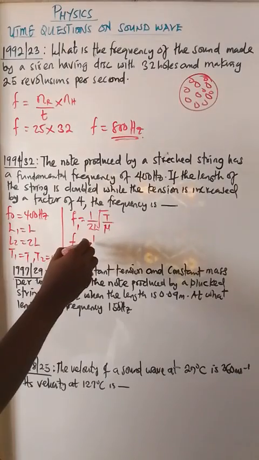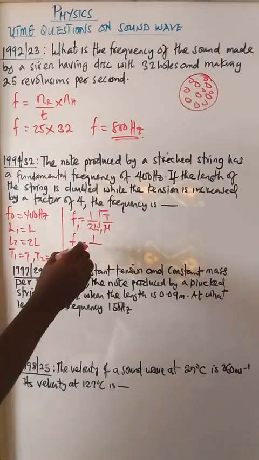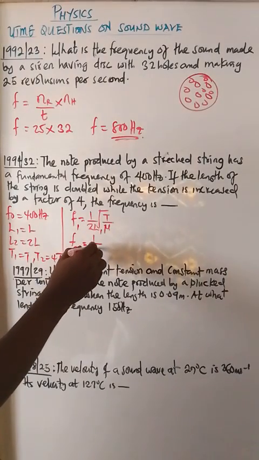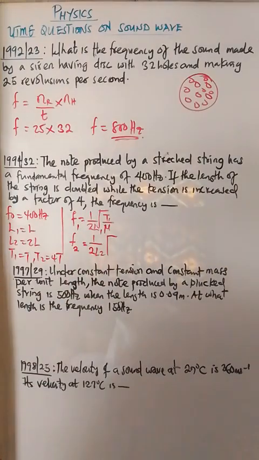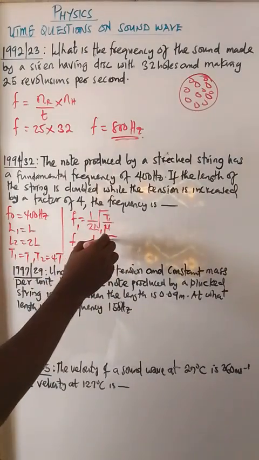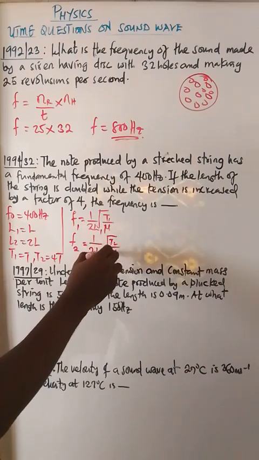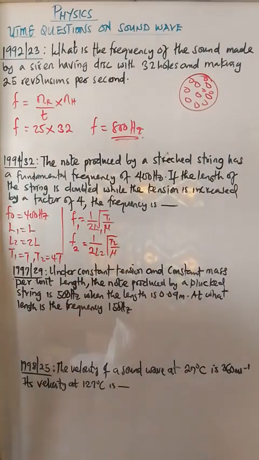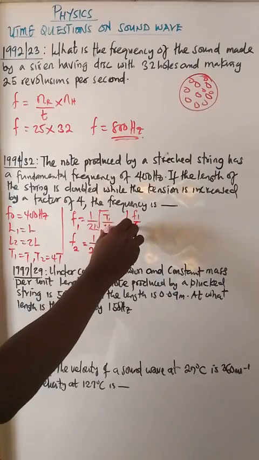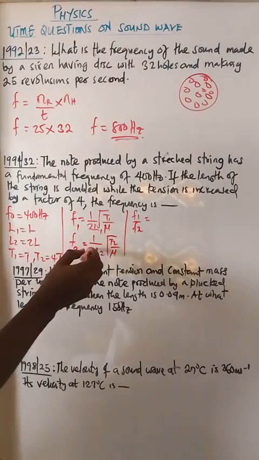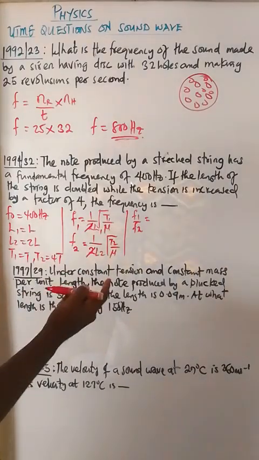For F2, I'll write 1 over 2 L2 square root of T2 over mu, and for F1, 1 over 2 L1 square root of T1 over mu. What's our T2? 4T. So if we divide these together, F1 over F2, these two cancel these two here.